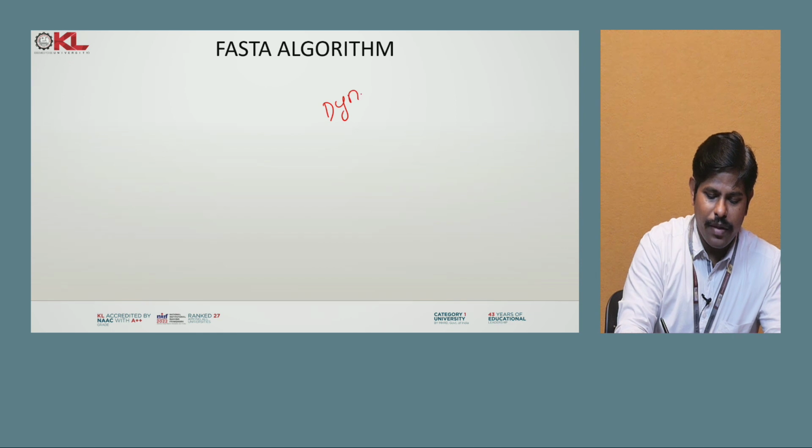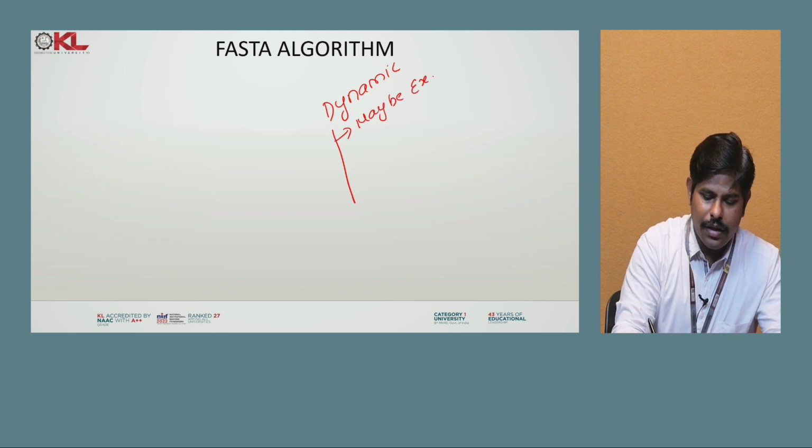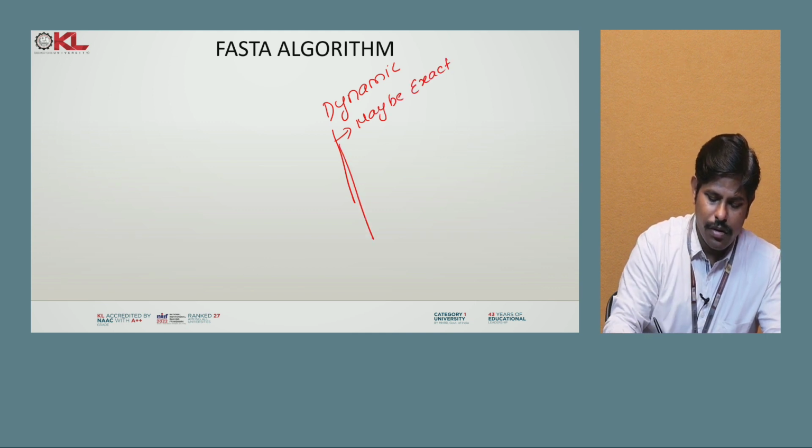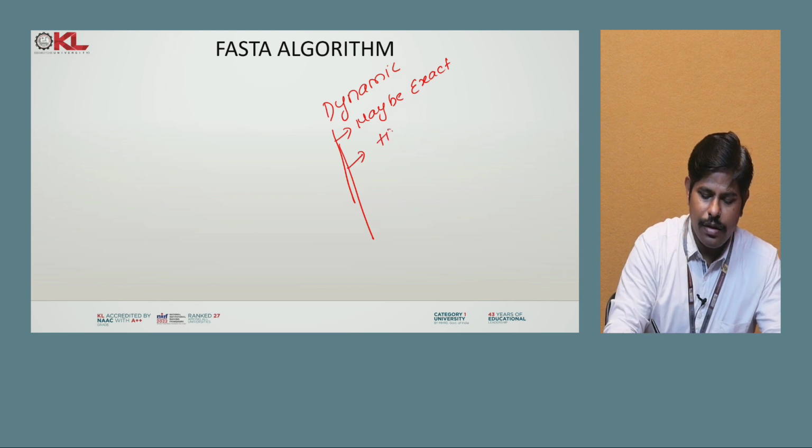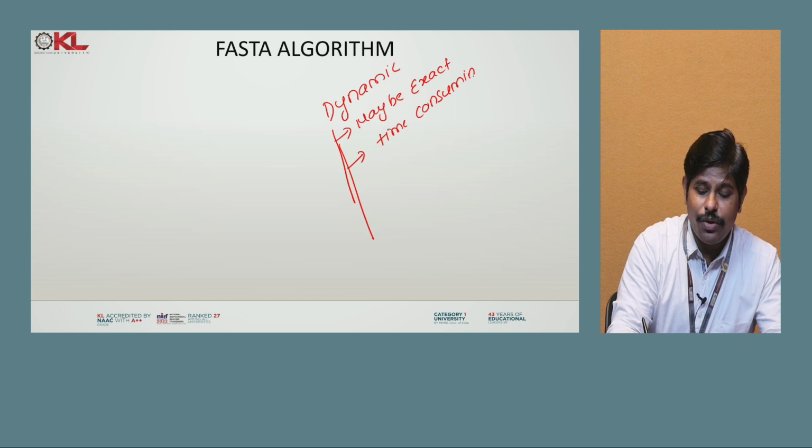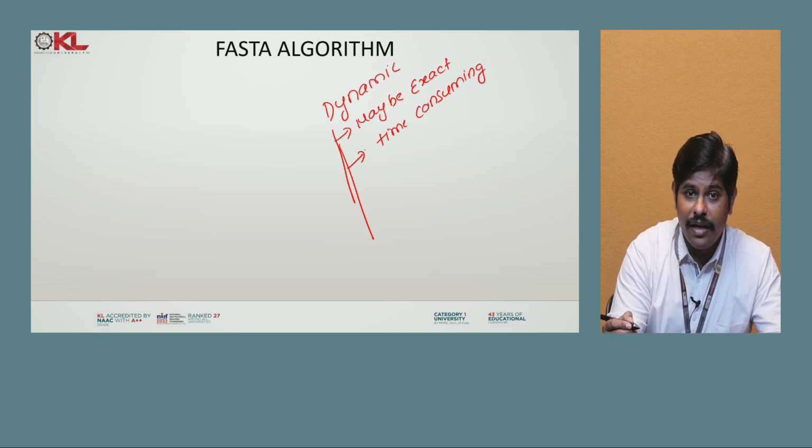The dynamic programming approach may be exact, but the real issue is that it is time consuming. Basically we don't have much time, and we want to get the results immediately, interpret them immediately and get insights as soon as possible.